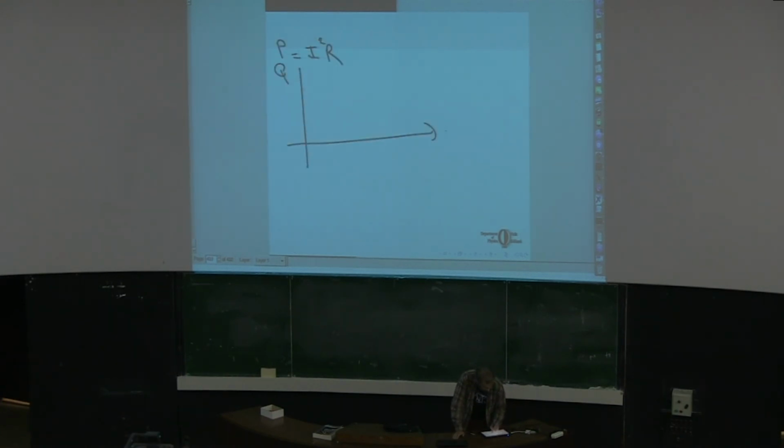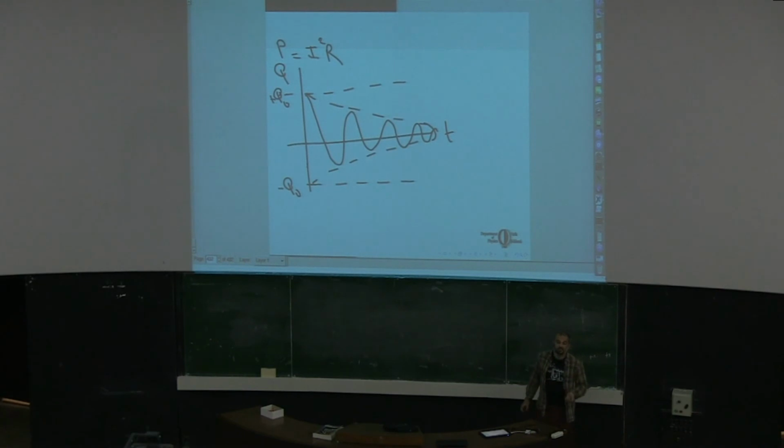Let's say this is Q as a function of time. This is plus Q0. This is minus Q0. This is how it will behave. Eventually, of course, it will go to 0. The same will hold for the current.